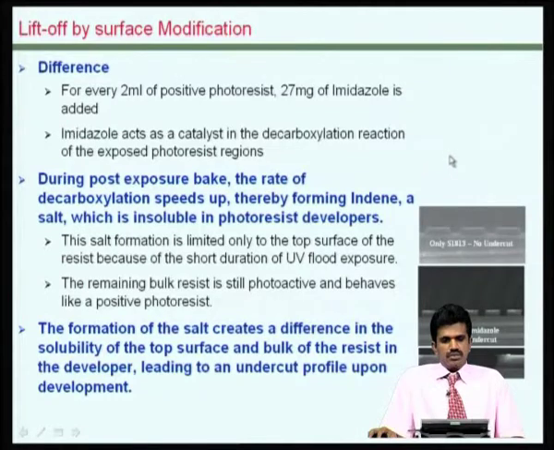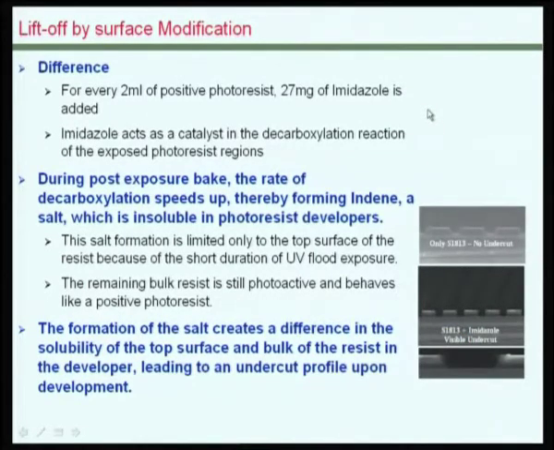To do that, one of the approaches that has been developed in our center is based on modifying the resist material, and it is called an image reversal process. In this case, when it is baked after the exposure, some compounds are formed on the surface which would enable the undercut.